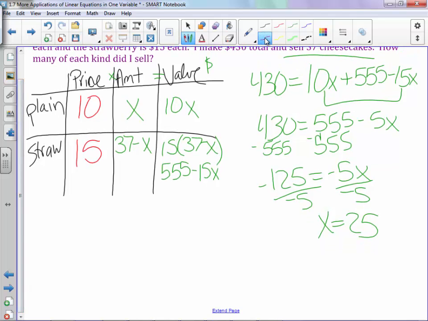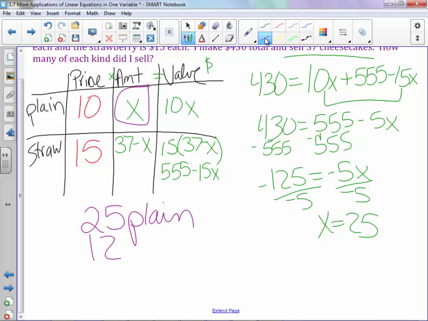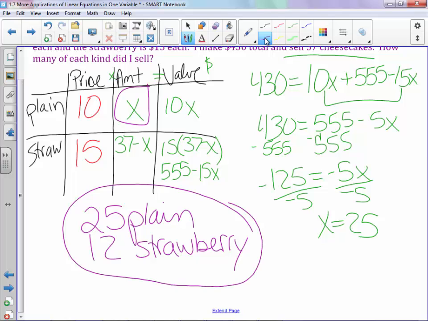Our x was how many plain we sold, which means we sold 25 plain. And the rest of them are strawberry, which means we sold 12 strawberry cheesecakes. So you always want to make sure you go back and answer the original question.